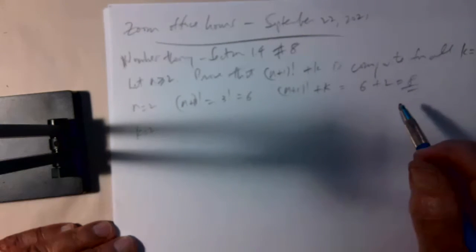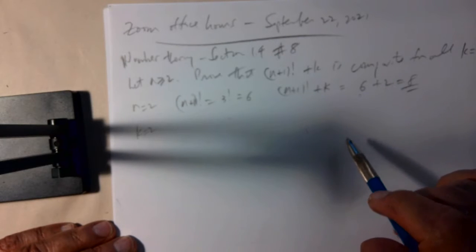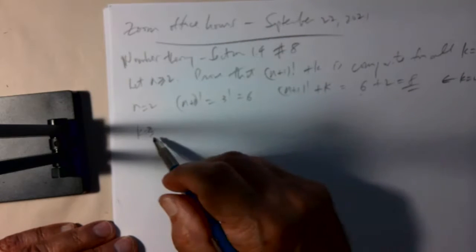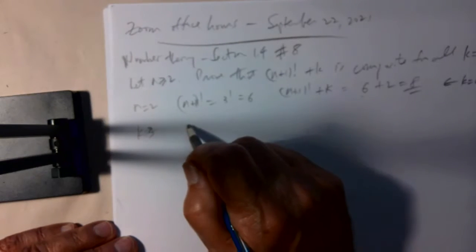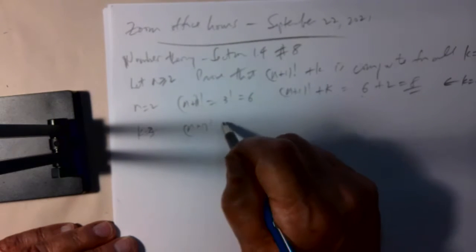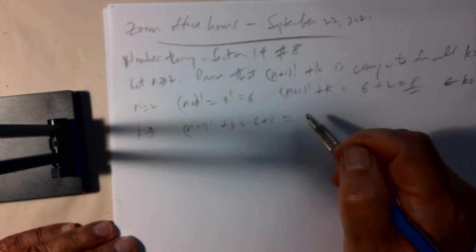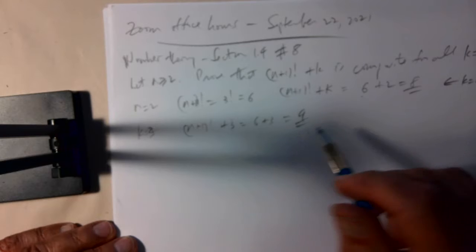And 8 is definitely composite because 2 divides 6 and 2. If I let k equal 3, because when n is 2, k goes from 2 to 3, (n+1)! + 3 is 6 plus 3 is 9. This is also composite, divisible by 3.